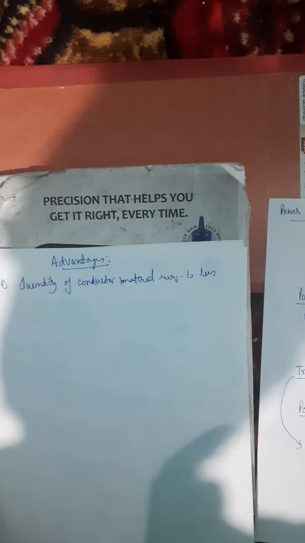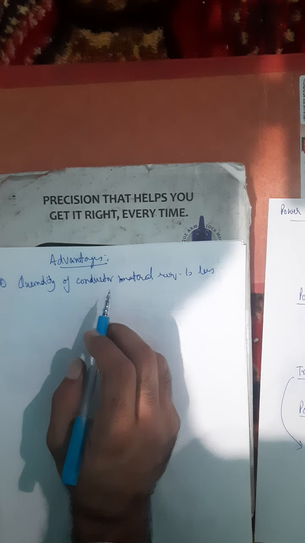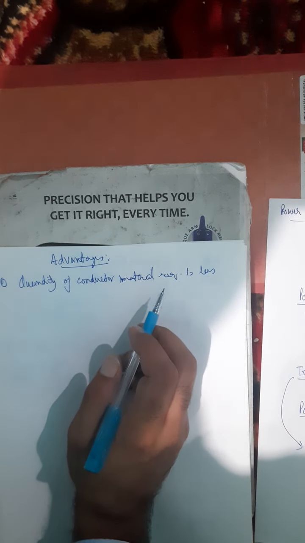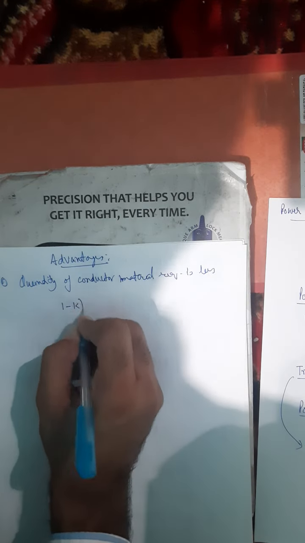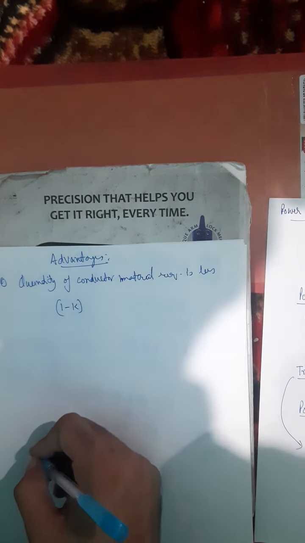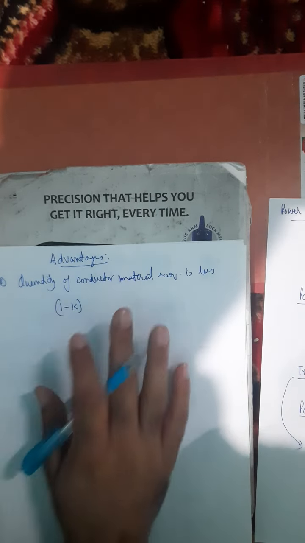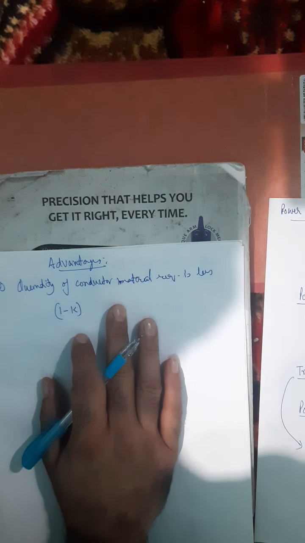We know that the quantity of conductor material required for an auto transformer having the same rating as the ordinary two winding transformer is only 1 minus K times, which we derived. Because of this saving in the conductor material, the investment cost is reduced.